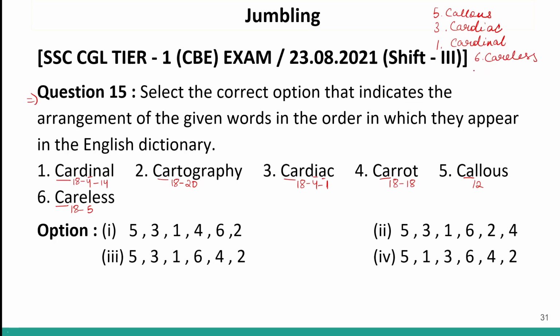Then we'll have carrot. And then we'll have cartography. So the correct sequence will be 531642, and 531642 is given in option number 3. So option number 3 will be your correct answer.